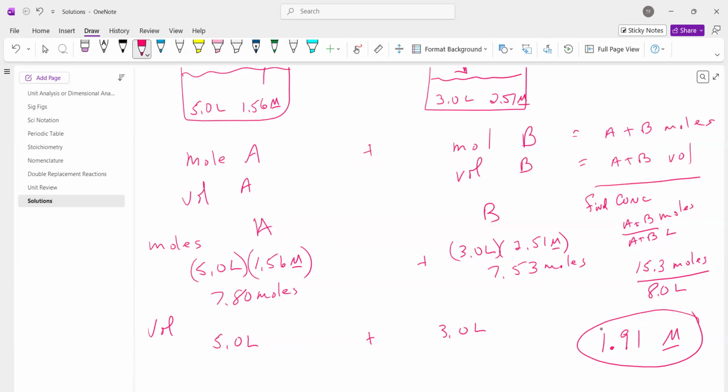Okay, so basically, we're adding the moles, we're adding the volume of the new stuff, and then creating a new concentration.